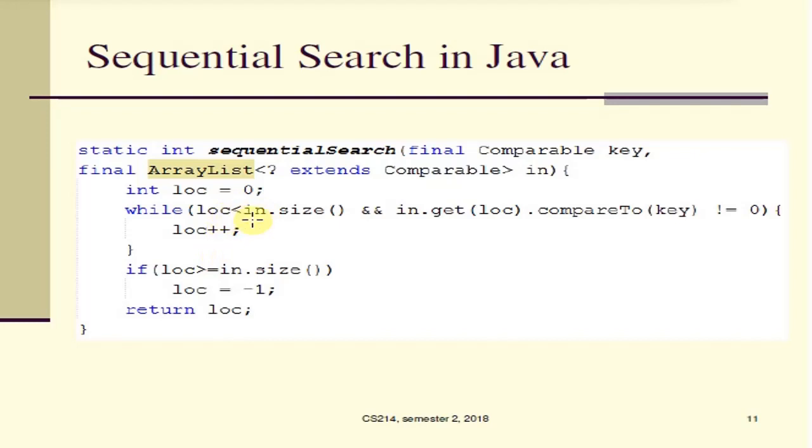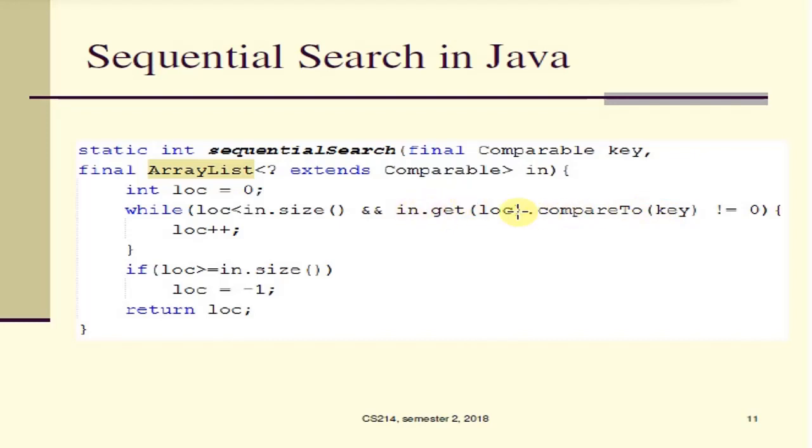So while lock is less than the size of the array, this part is trying to evaluate whether the element at that index, or the element at that lock, is equal to the key.